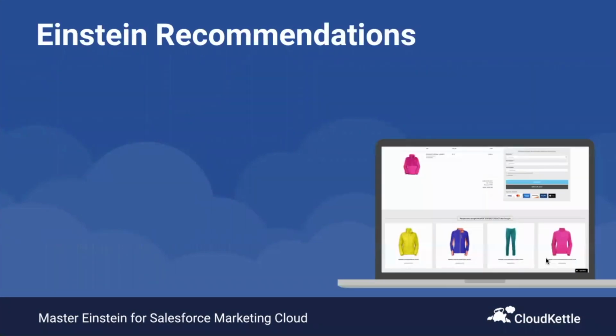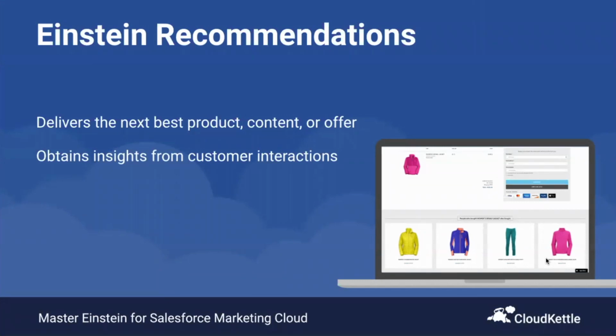So, what is Einstein Recommendations for Salesforce Marketing Cloud? Well, in summary, Einstein Recommendations delivers the next best product, content, or offer to every individual through product and content recommendations for email and web. And it does this by obtaining insights from customer interactions on your e-commerce website.